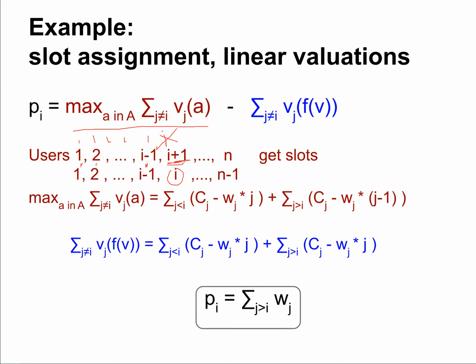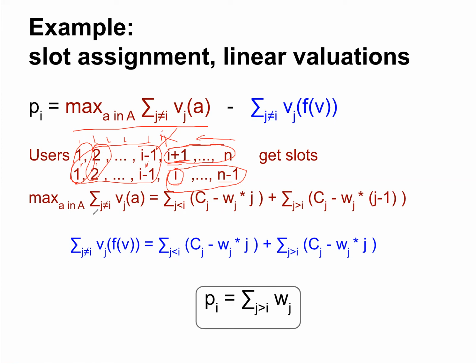So everybody after user I will shift one slot up. For user number 1, it doesn't matter whether user I is in the picture or not. User number 1 will get slot 1 anyway. User number 2 will get slot 2 anyway, and so on up to user I minus 1. And only starting from the users I plus 1 and up to n, they will get different slots. They will get slot I and so on, n minus 1.